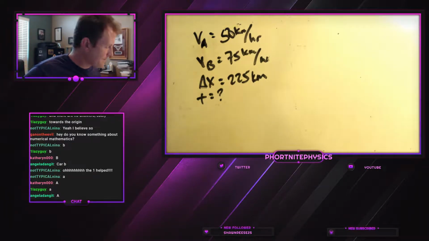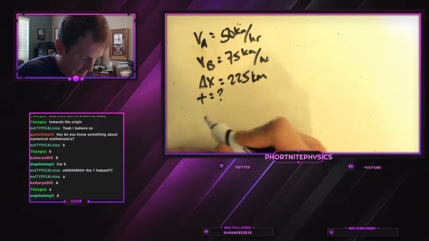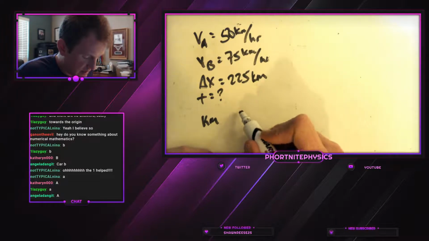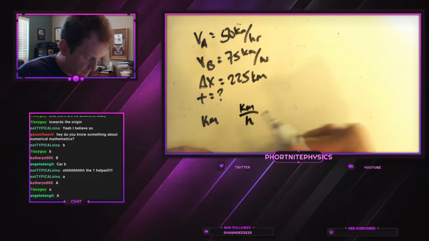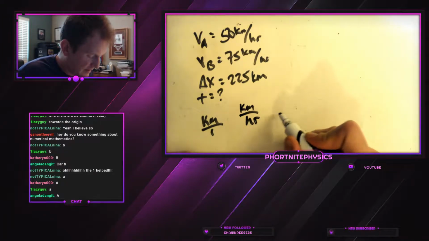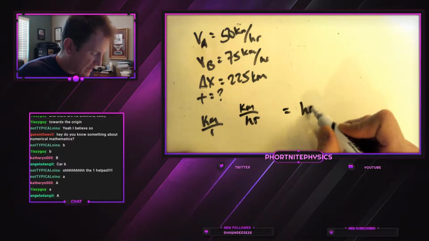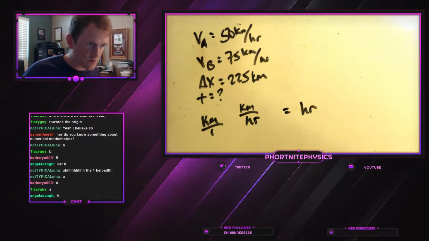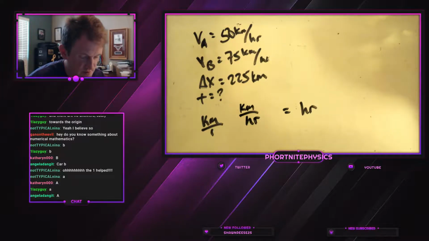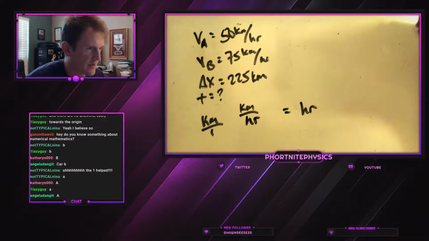All right, but like we said before, we have our kilometers over here and our kilometers per hour. And again, let's just go ahead and draw that. And we need hours over here. This one's a little trickier because it uses division rather than multiplication.